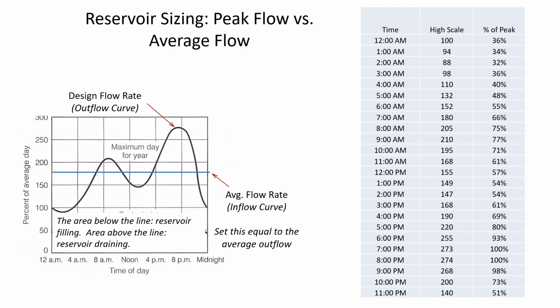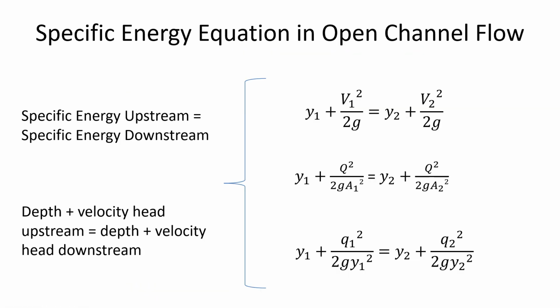If you give yourself maybe a 25% safety factor, if you calculate the overall volume of water that's largest during the daily cycle, and then you make your reservoir 1.25 times that volume, then that's a good margin of safety for sizing the reservoir. All right, so back to open channel flow.